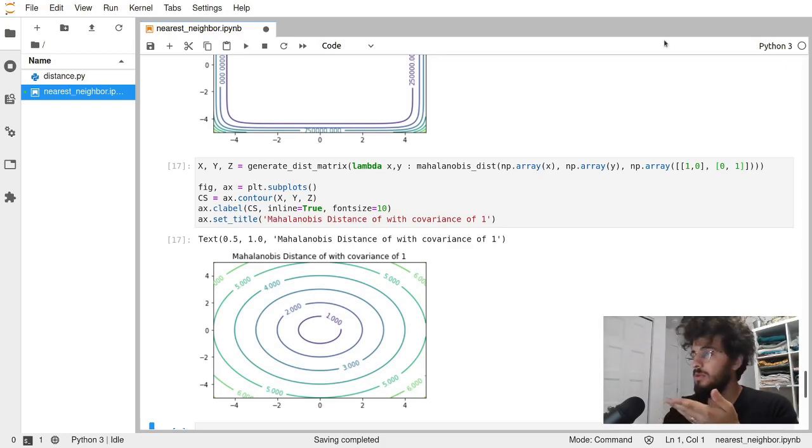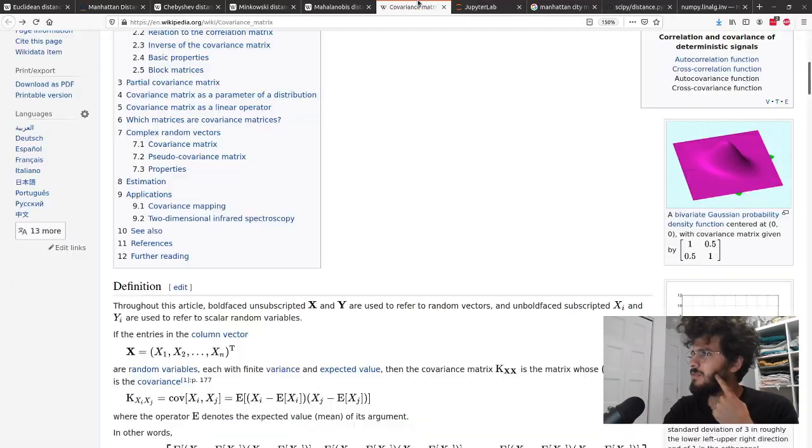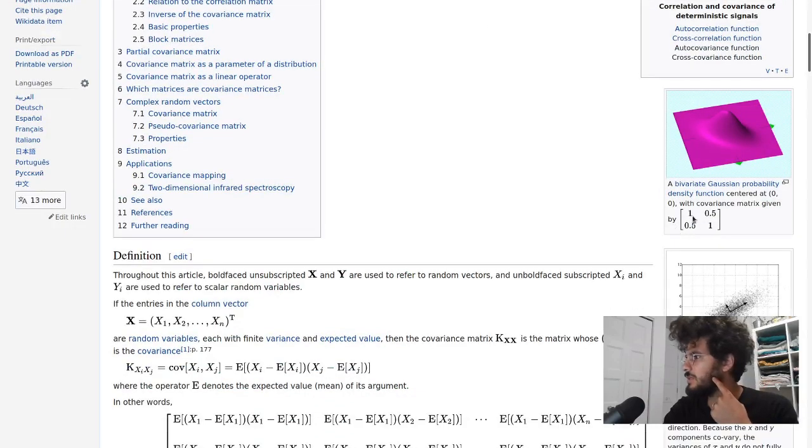So if I look at it properly, this dimension with this other dimension, they covary perfectly, and then this dimension with this other dimension, they do not covary. So you're assuming that they're independent.